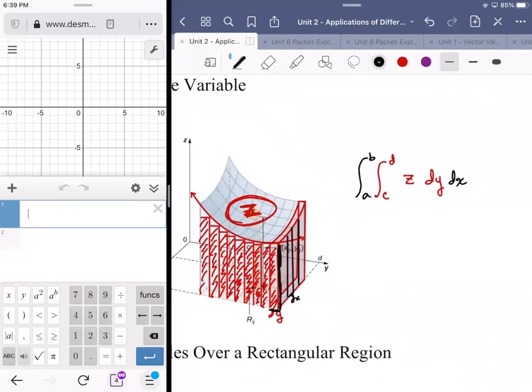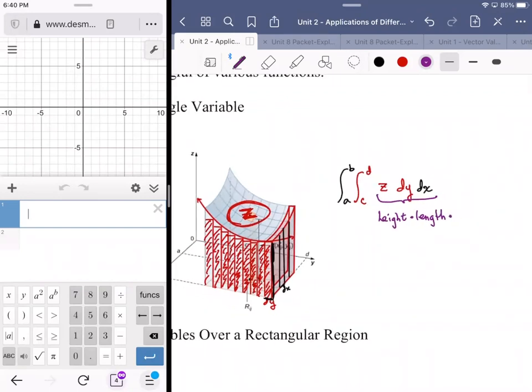But really, if you think about it, what are we getting out of this? We're getting z times dy times dx. The z represents the height. The dy, we can call a length. The dx, we can call a width.